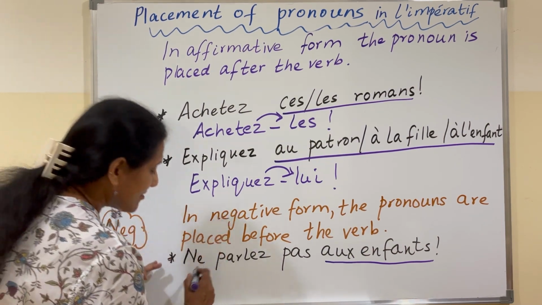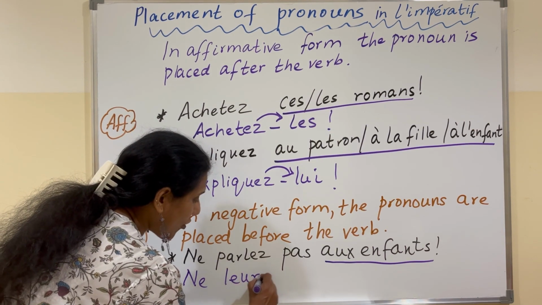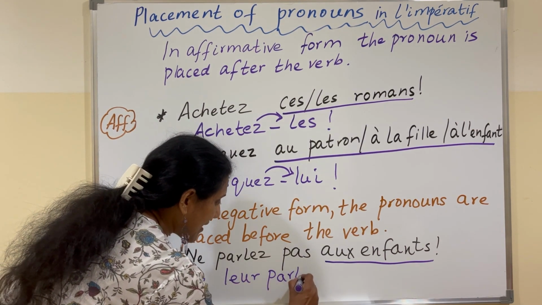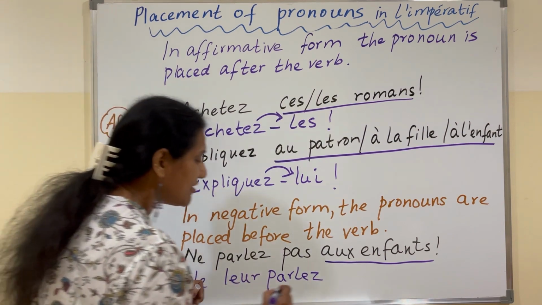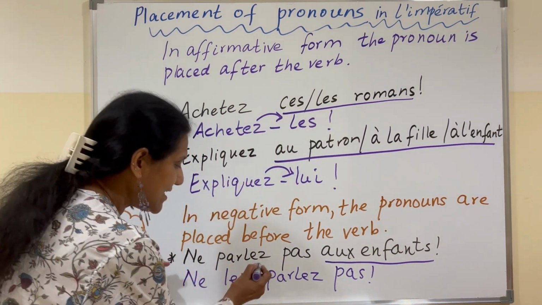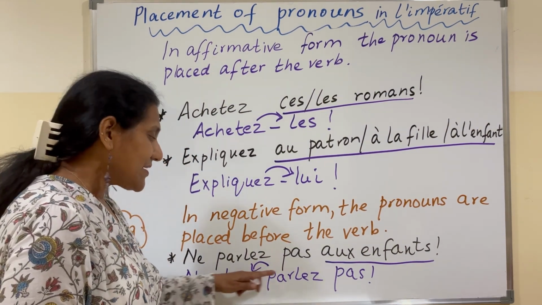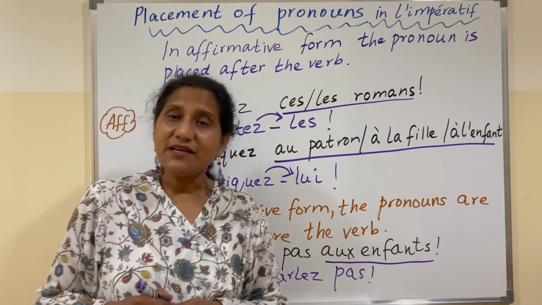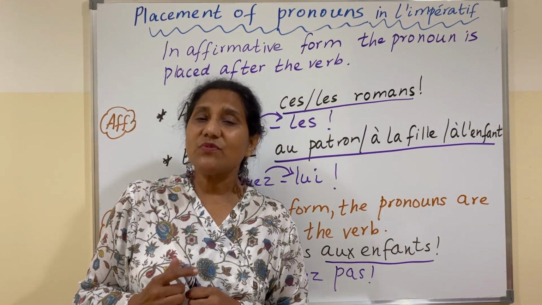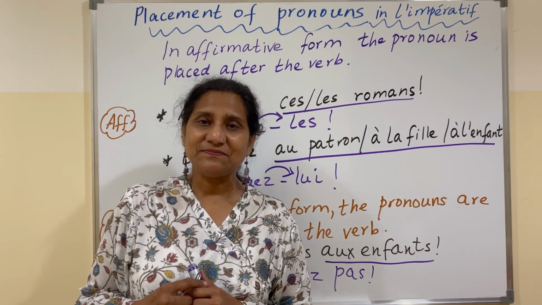Now, as we know, we have to place it before the verb in the imperative negative. So ne leur parlez pas. So here we can see that the pronoun is placed before the verb. Now let's continue learning with some more examples, the placement of pronouns.